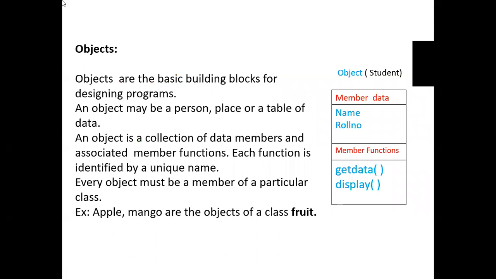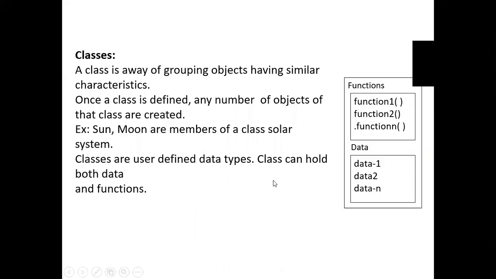Then in this, we completed object. Objects are the basic building blocks for designing programs that we studied in detail. We took an example of a student. The student is an object, and related to that, the data members may be the name of the student and roll number, and the member functions may be get data and display. Then we studied classes.